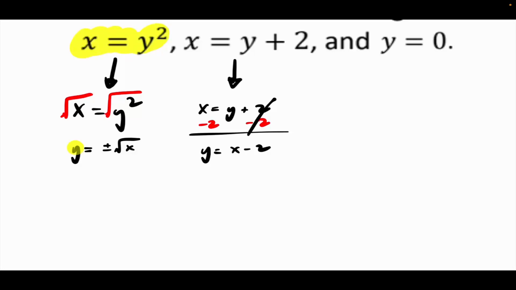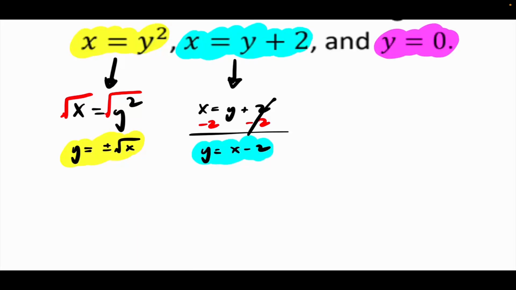So the yellow and the yellow are the same thing. The blue and the blue are the same thing. The pink, I'm not worried about because that one already says y equals. So the yellows are the same thing. One of them is just in terms of y, one of them is in terms of x. This guy is in terms of y. This guy is in terms of x.